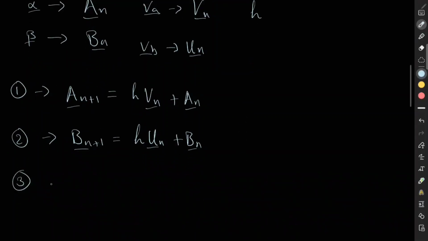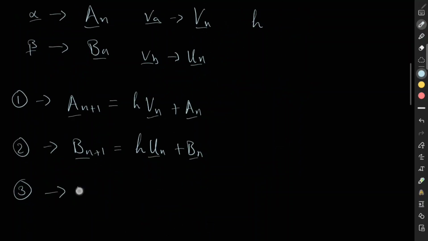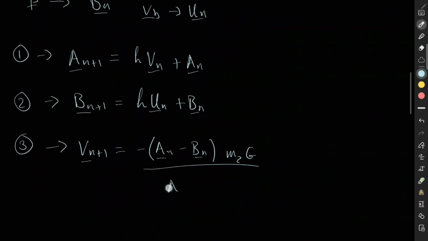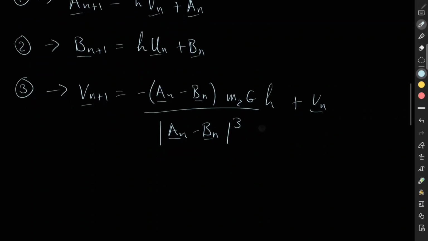Now the more interesting equations, 3 becomes V_{n+1} is equal to minus (a_n minus b_n) times m2 G over the modulus of a_n minus b_n, cubed, all of that times h plus V_n.